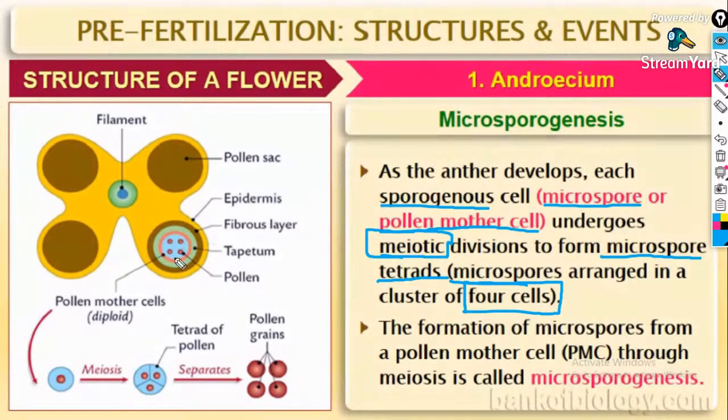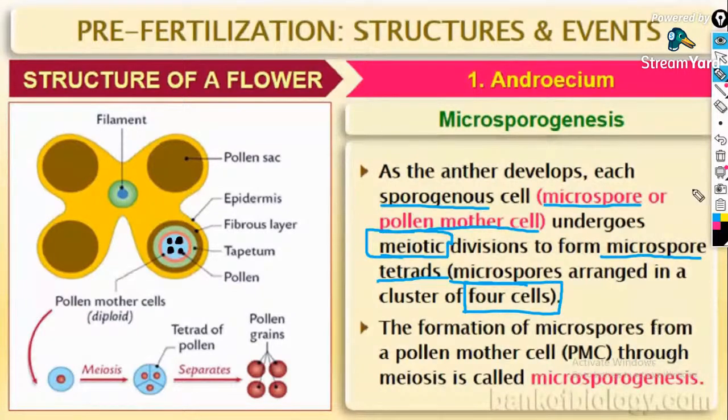Look, guys, this is the sporogenous tissue. Sporogenous tissue consists of compactly packed cells called sporogenous cells. These undergo division to form the microspore tetrad. This is one pollen grain, another, another, another, four in the microspore tetrad.